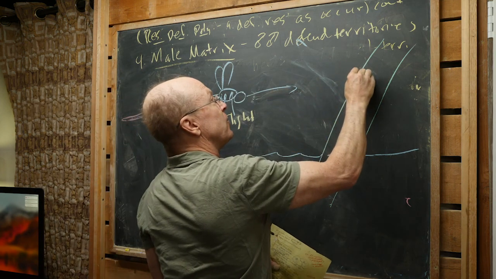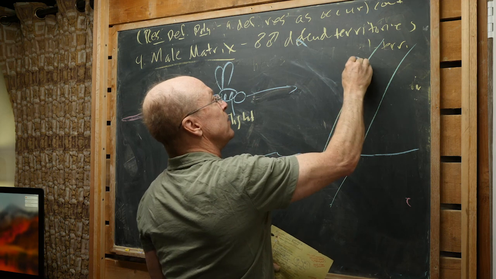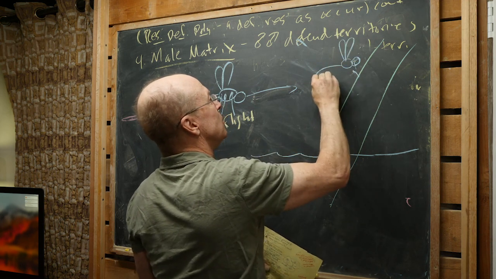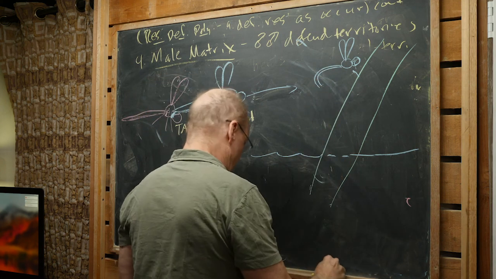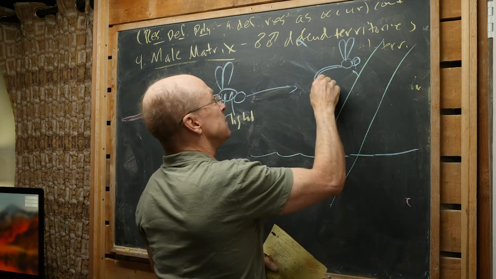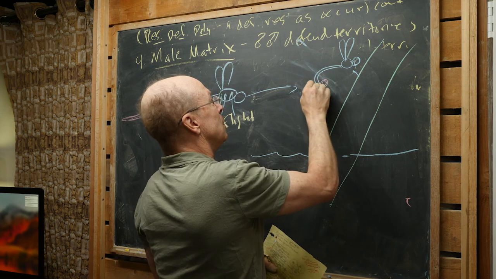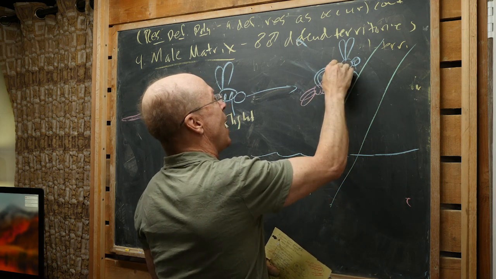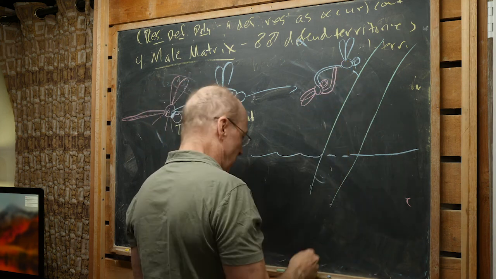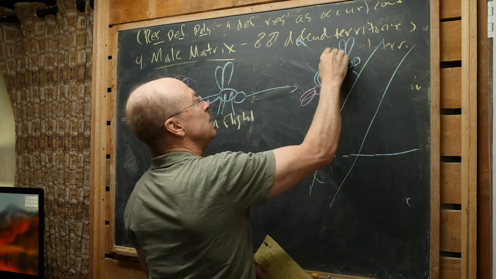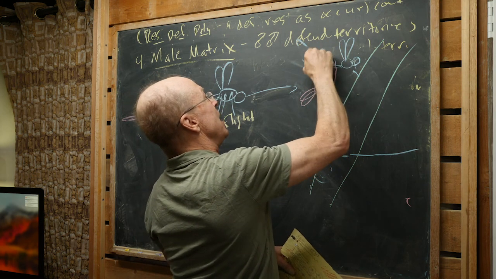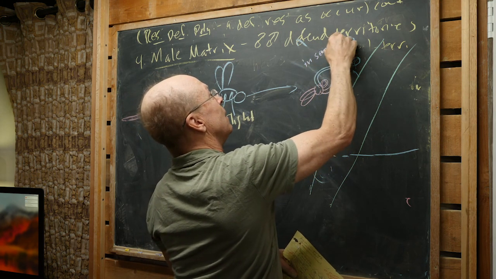So the first move is we've got to inseminate this female. So he's going to curve around like this. She's going to curve around like this, and then her abdomen joins with where the sperm transfer occurs. So this is going to be our insemination.